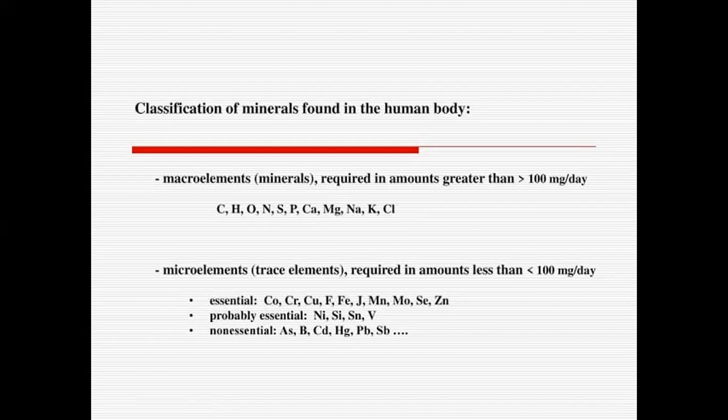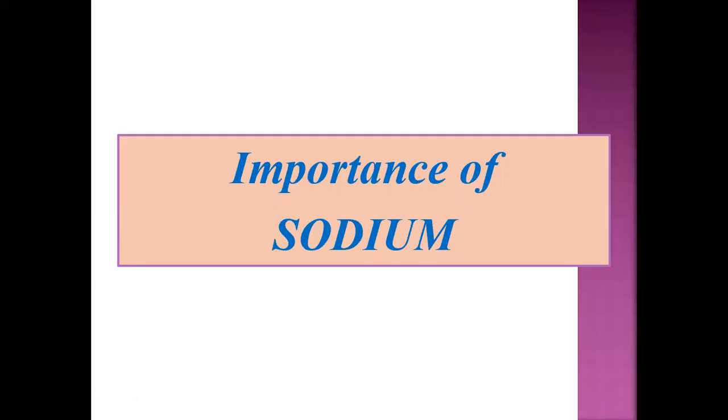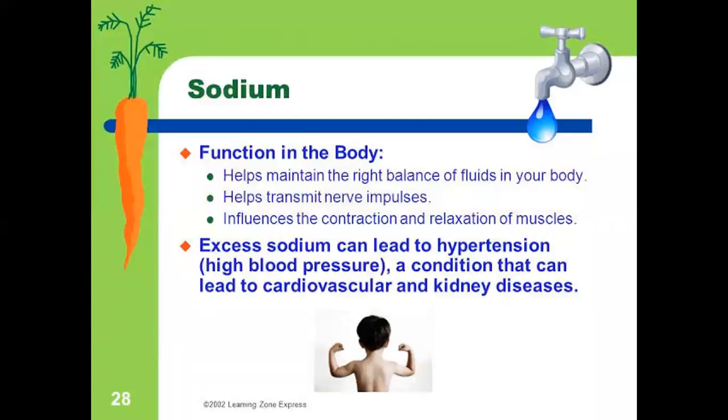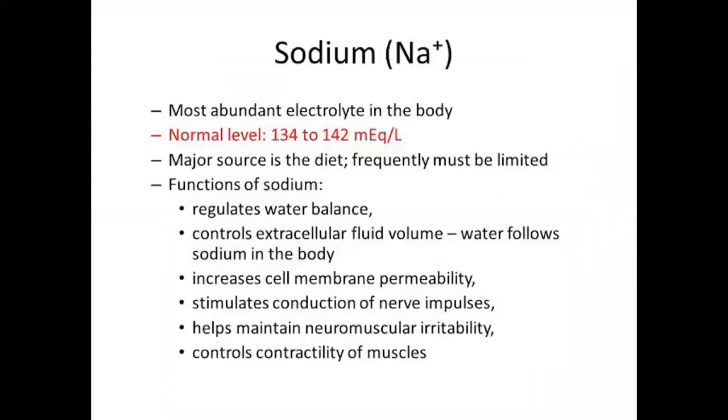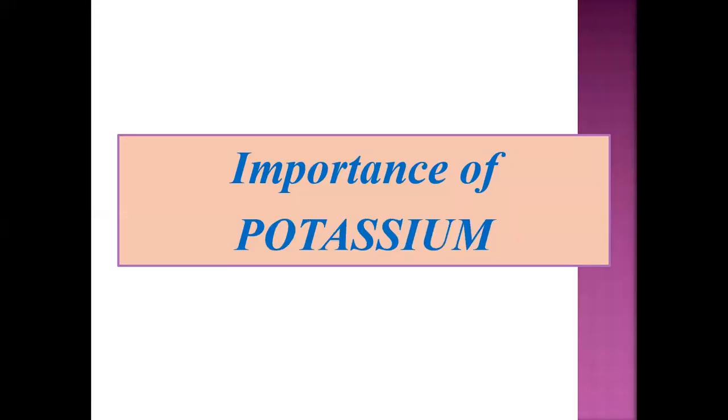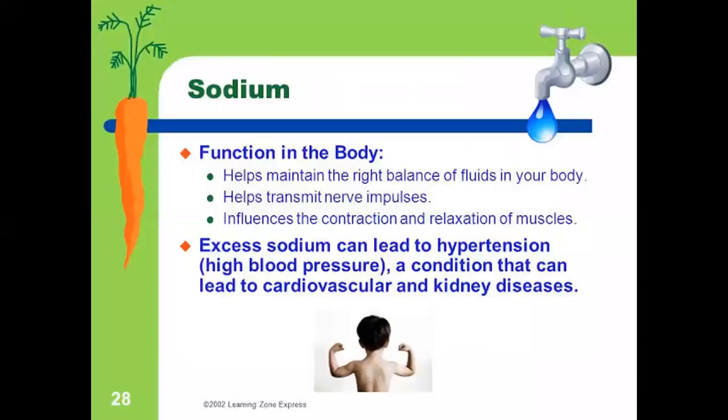Now let us discuss the importance of the elements in the biological system. First, we'll see the importance of sodium. Sodium helps to maintain the right balance of fluids in our body. It helps transmit nerve impulses and influences the contraction and relaxation of muscles.